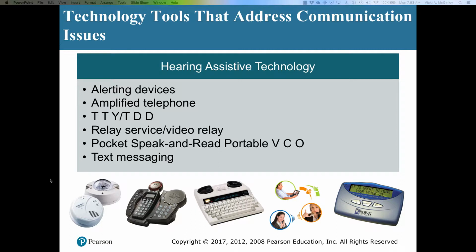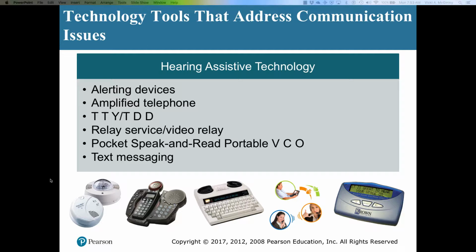And technology tools that address that communication, we're all familiar with alerting devices, devices that have some kind of visual attached to it. We're familiar with using the amplified telephones and the TTY systems, the relay services. I've certainly used those. We have other devices, though, that are pictured here as well.